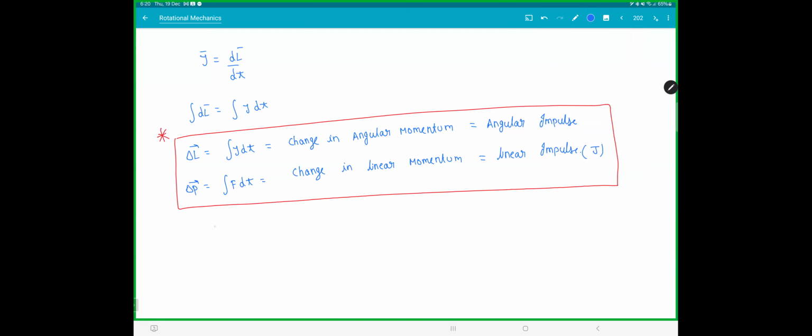That means if you give me a torque versus t graph, the area above the axis is a positive area.